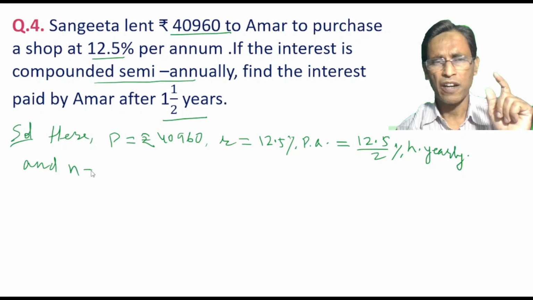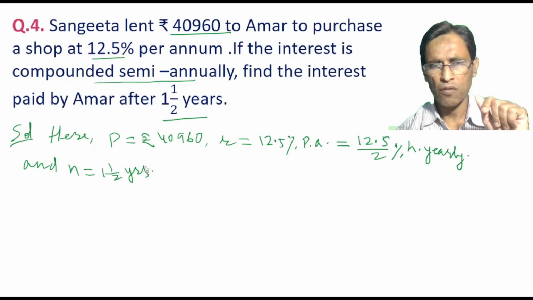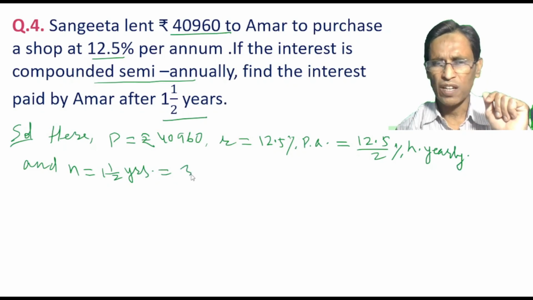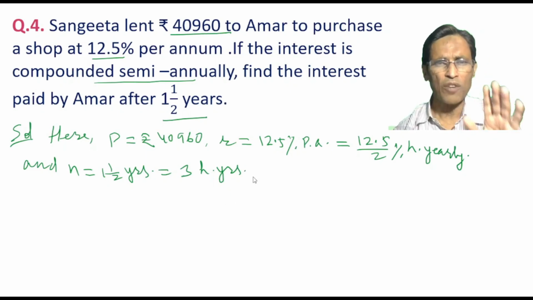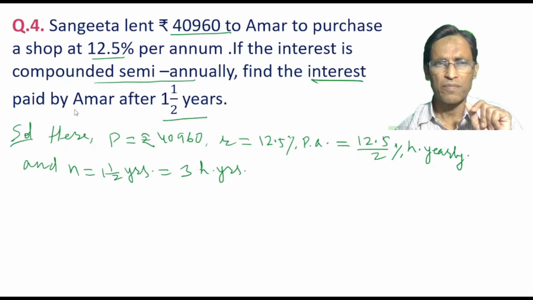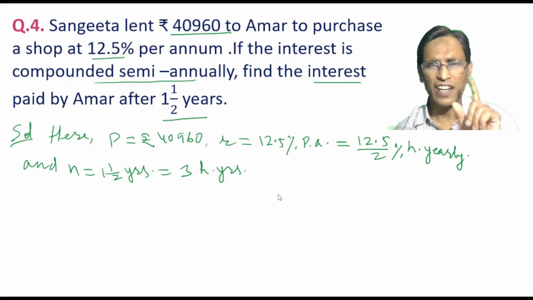And number of half years के लिए means 3 half years. On the basis of this information, we have to find out interest paid by Amar. ये interest clearly compound interest होगा, and so we have to find compound interest.